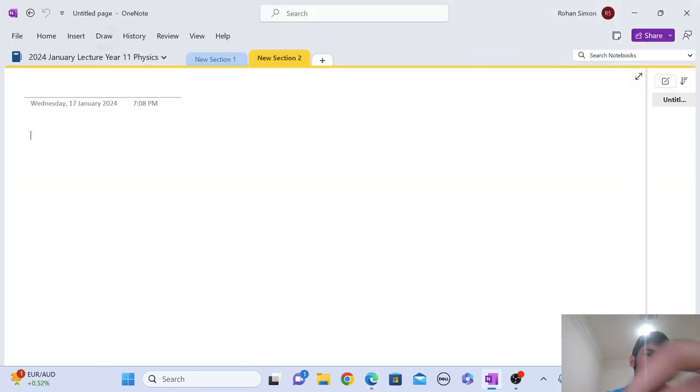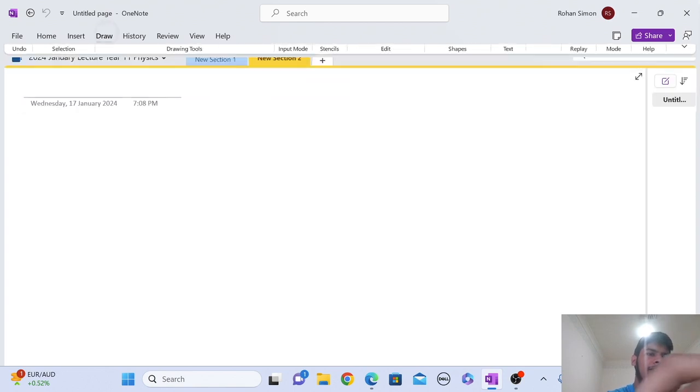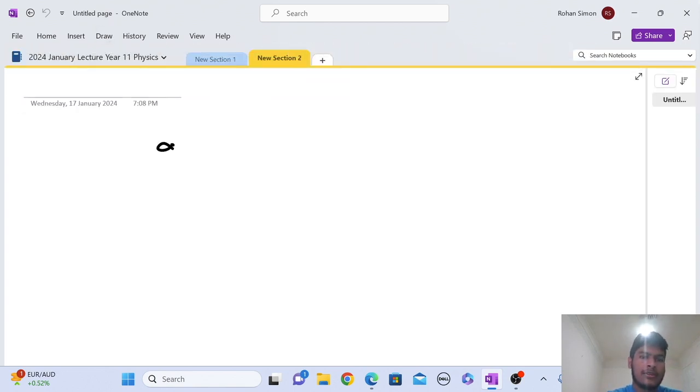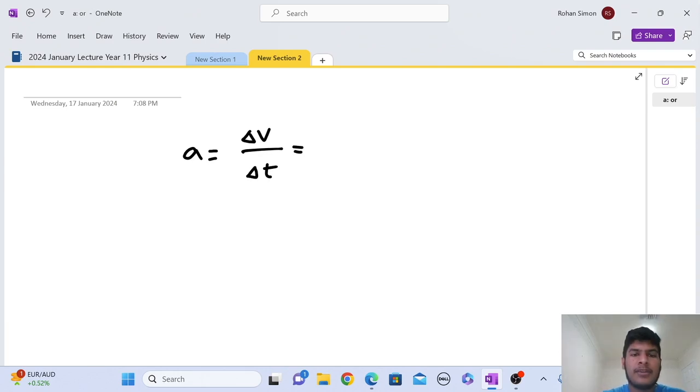An acceleration example would be if someone speeds up from 60 kilometers per hour to 100 kilometers per hour. So we have v final minus v initial, the change in velocity, over the change in time, or however long it takes to do that.